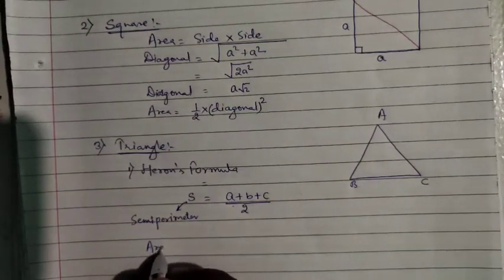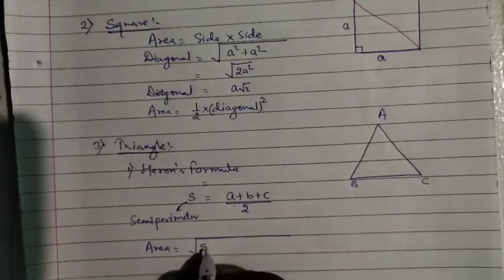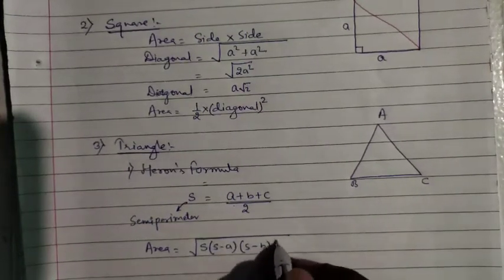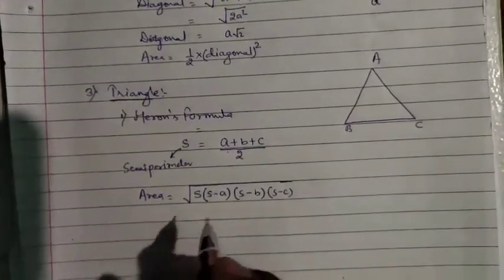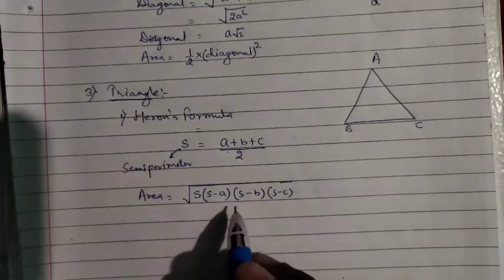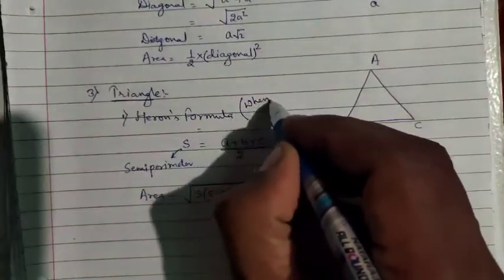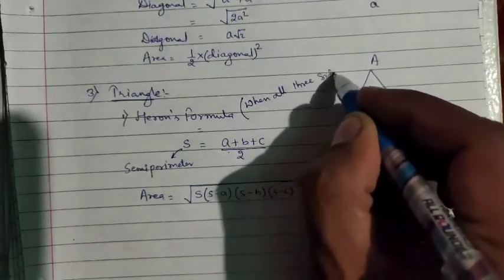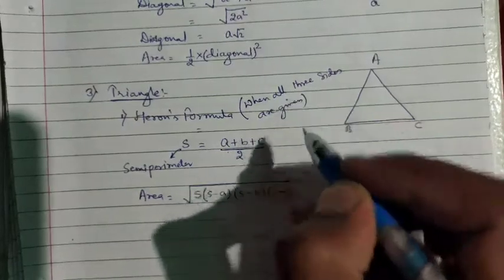Now after calculating semi perimeter, the area of triangle is root of S, that is semi perimeter, bracket S minus A, S minus B, and S minus C. This will be the formula for calculating area of triangle when all three sides are given. This formula can be used only when all three sides are given.